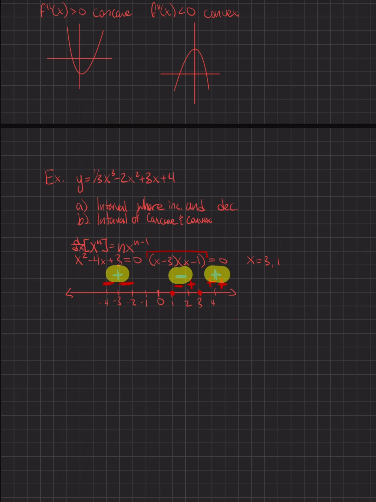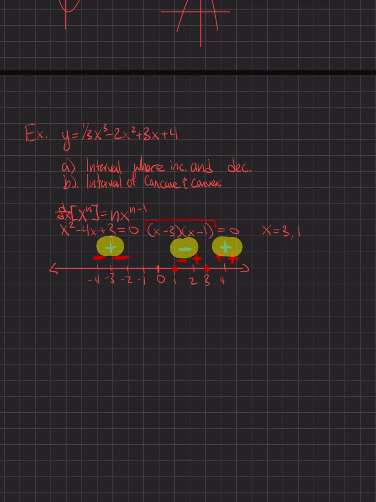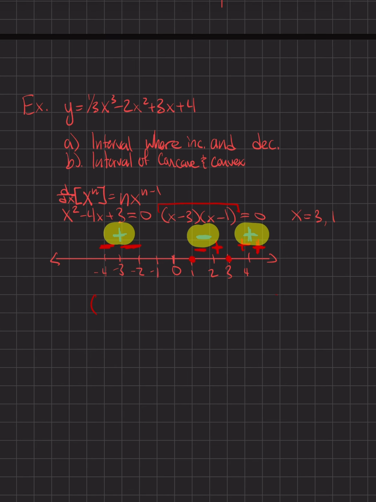So let's get to the next part of this. Let's say what's going on here, but on an interval. What we can conclude from what we just grabbed here is from -infinity all the way up to 1, right? But I'll get into the explanation part in a second. Let's just write it down.